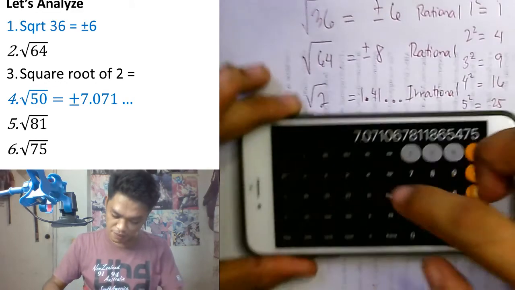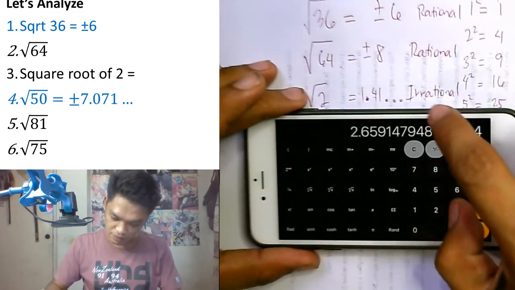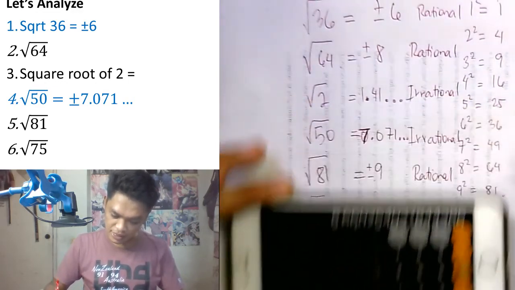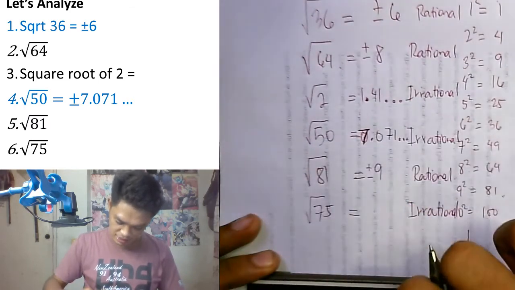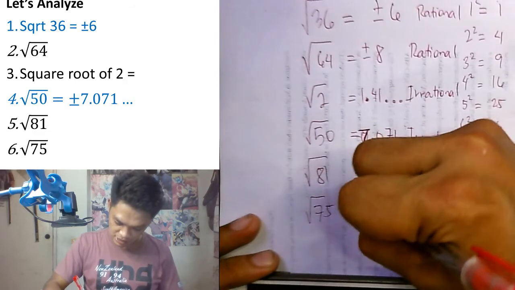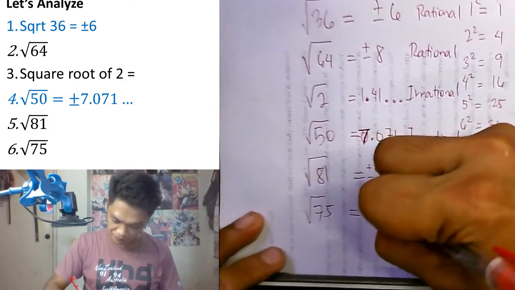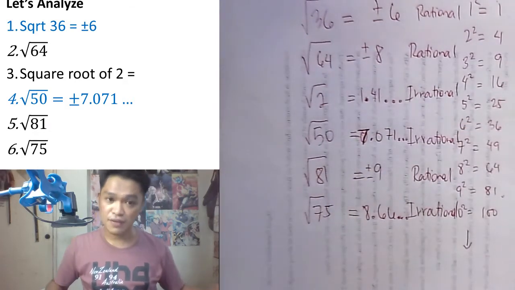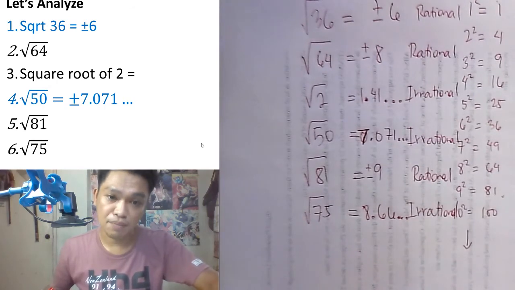The square root of 75 is 8.66, and so on and so forth. That is now an example of rational and irrational numbers.